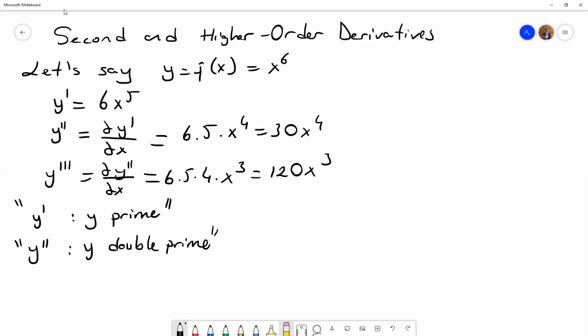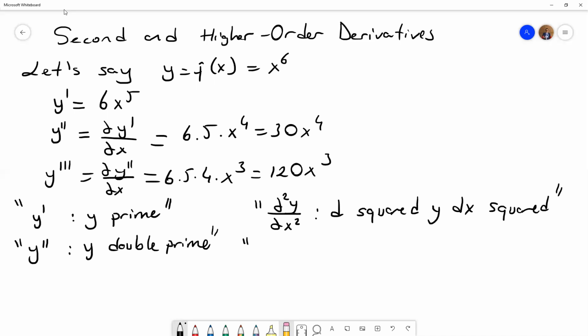Also, we can write it like that: d squared y over dx squared. Also, we can use this one. And also, for y triple prime like that.